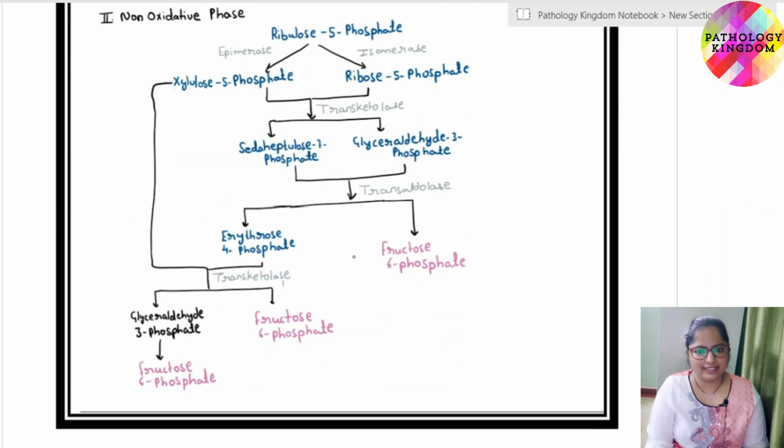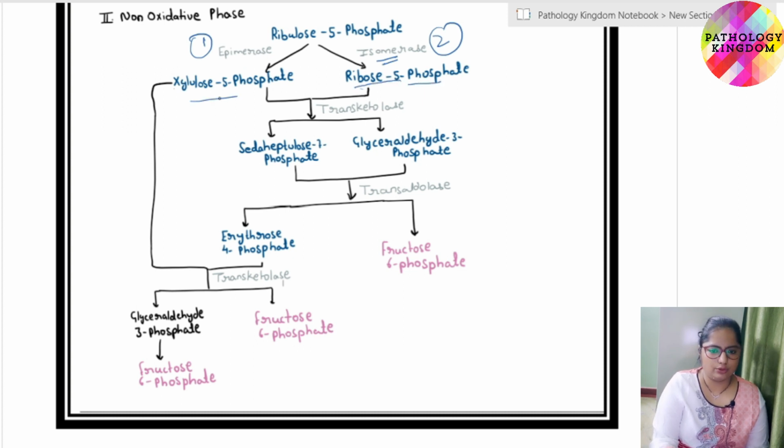Then non-oxidative phase. In this phase, the ribulose 5 phosphate is acted upon by two enzymes, that is epimerase and isomerase, and this ribulose 5 phosphate is converted into ribose 5 phosphate and xylulose 5 phosphate. These two combine and are acted upon by transketolase and converted into glyceraldehyde 3 phosphate and sedoheptulose 7 phosphate.